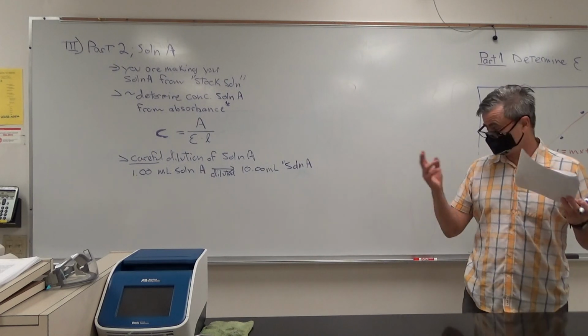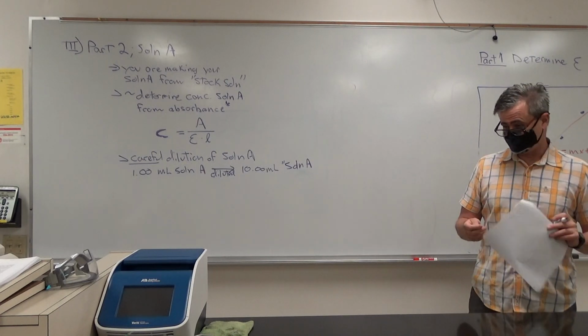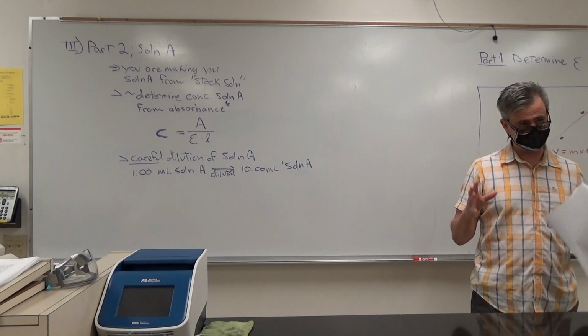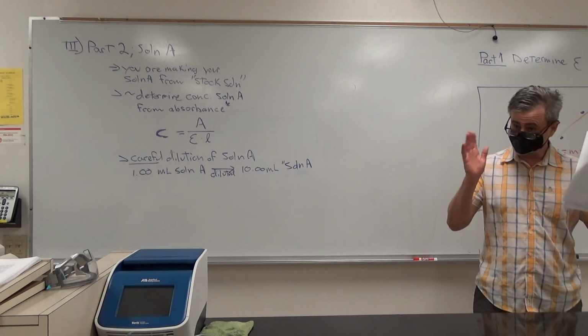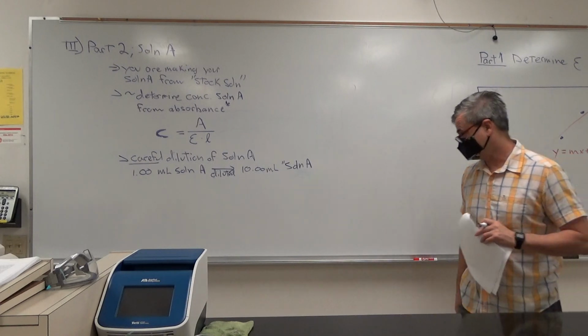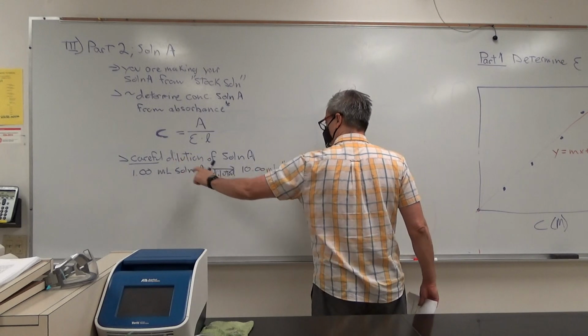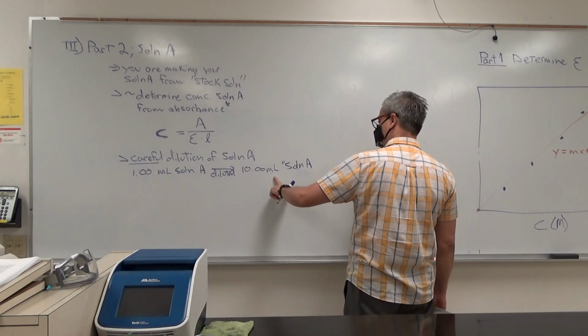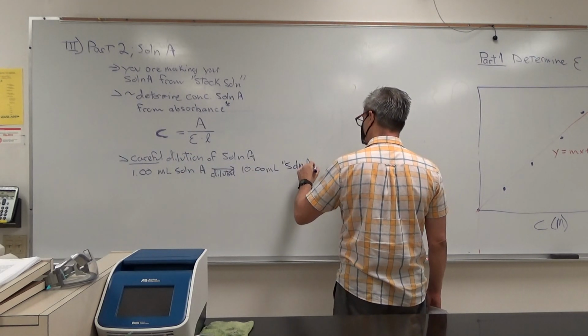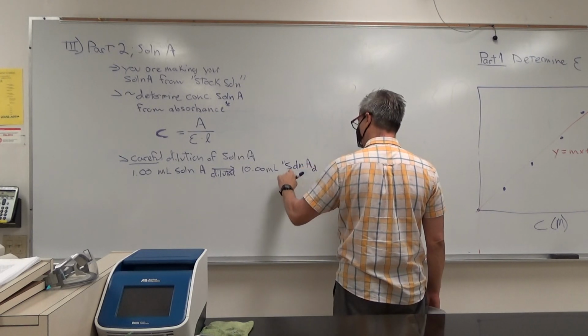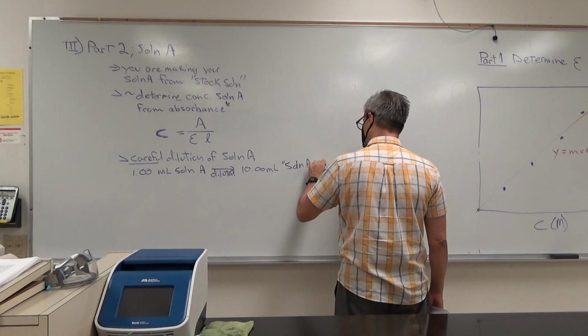This was originally developed by a faculty member who's no longer here, but he was a total math guy, so he loved them. But they work out and they're helpful, so pay attention to them. So after you take your solution A and you take 1 ml and you dilute it to a volume of 10 mLs, consider that solution A dilute.